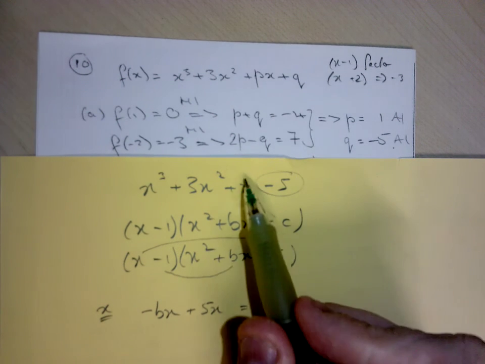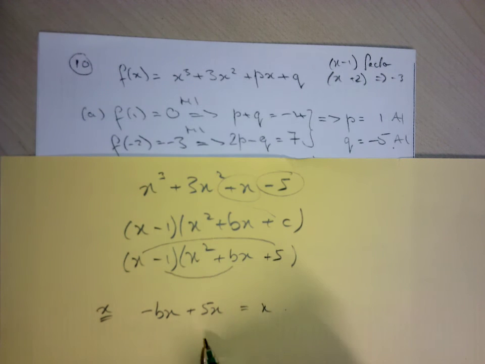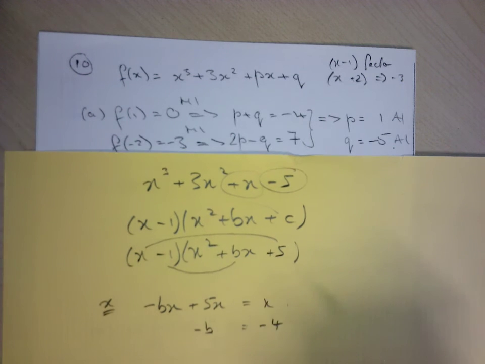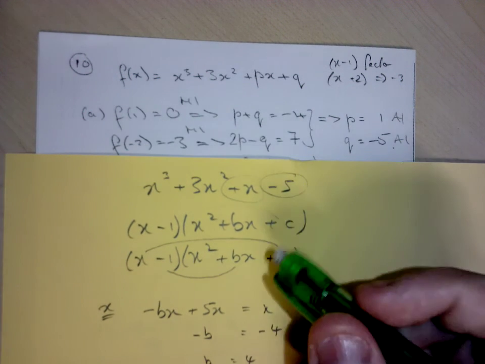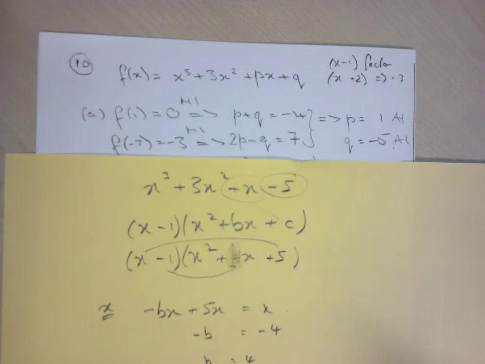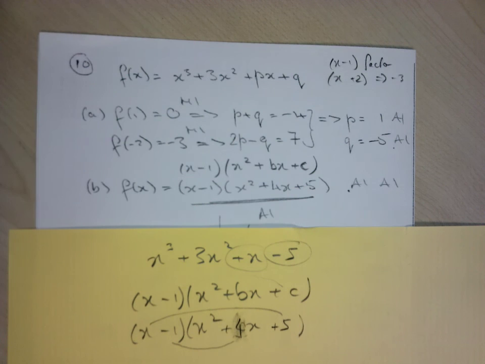And I know that that has to match 1x. So I can see from here that the x's can cancel, leaving me minus b has got to be minus 4. So b is 4, and so I can factorise that. The b then I can know has got to be 4x. So I can factor that to get the result on the mark scheme there.